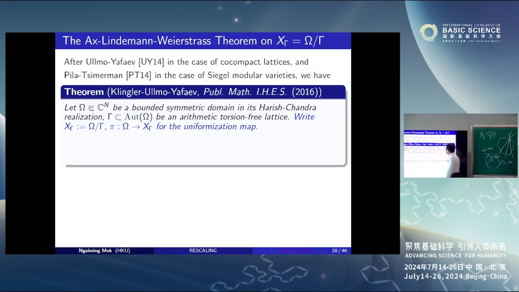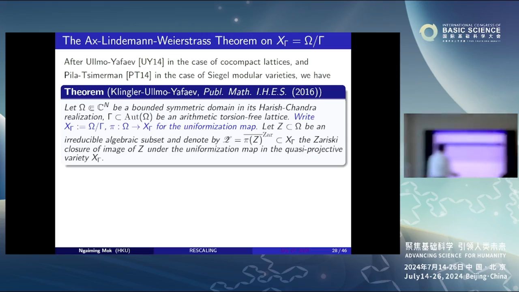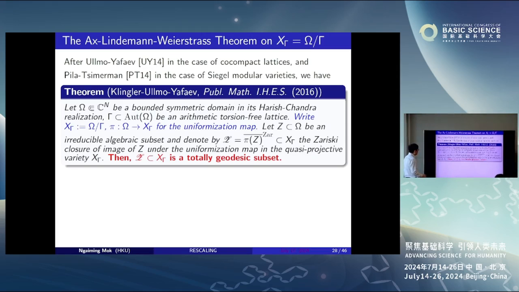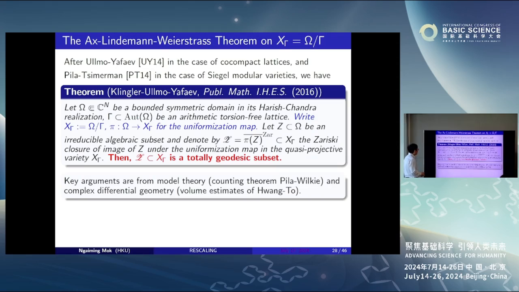So the Ax-Lindemann-Weierstrass theorem was proven after work of Ullmo-Yafaev and then Pila-Tsimerman, and finally in an article in 2016, which says that the conjecture is correct for Γ arithmetic lattices.